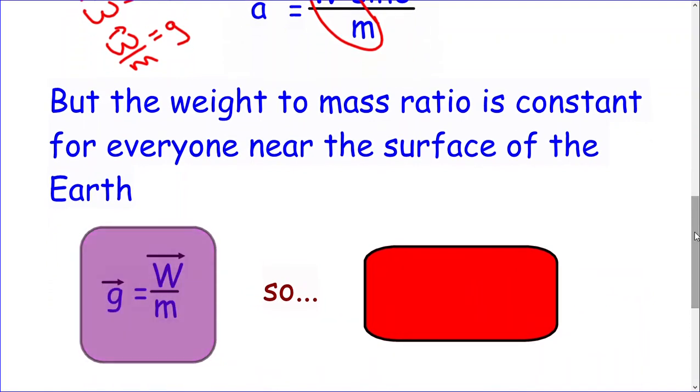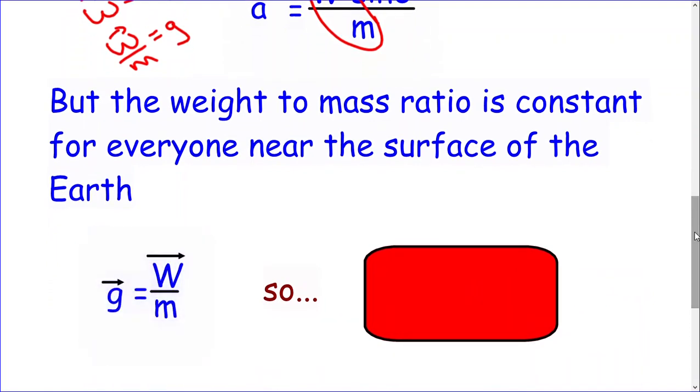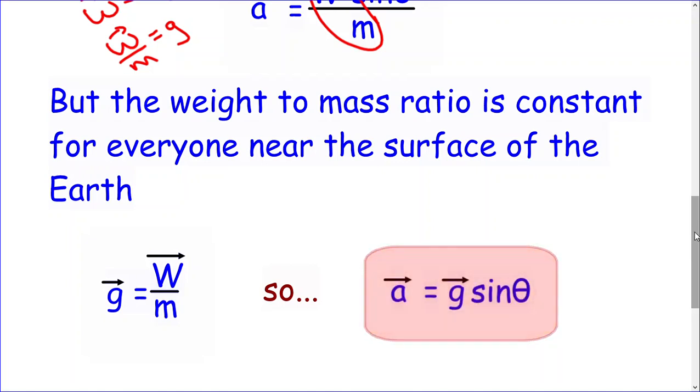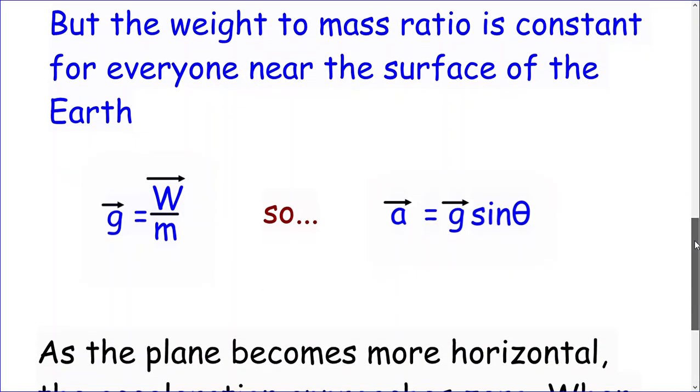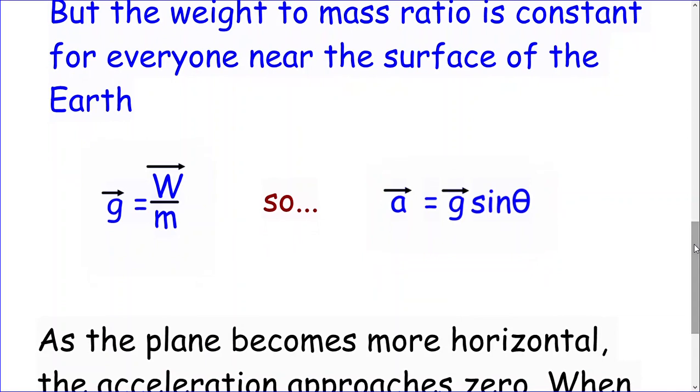So really, gravity is equal to weight over mass. Then if I substitute gravity in, acceleration is really just gravity times the sine of theta. And that will tell me the acceleration of any object on a ramp if we can assume a frictionless condition.